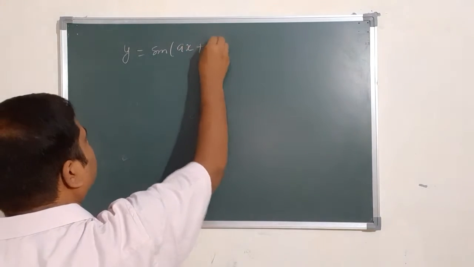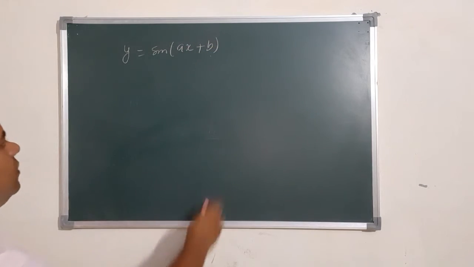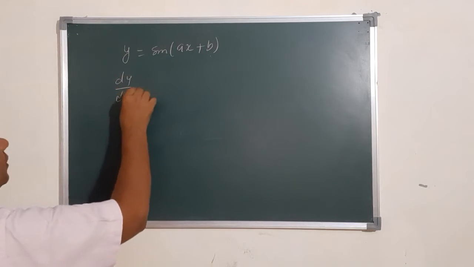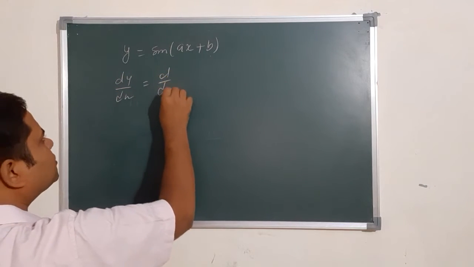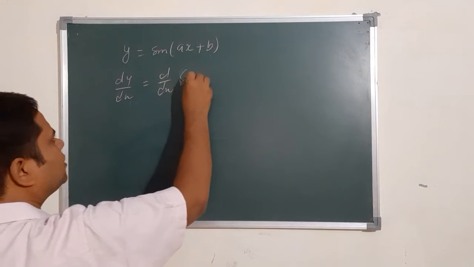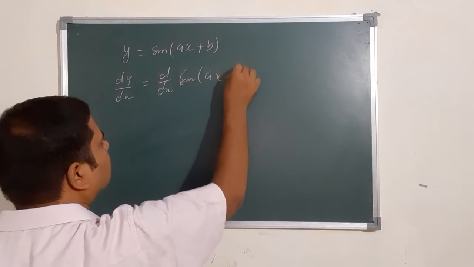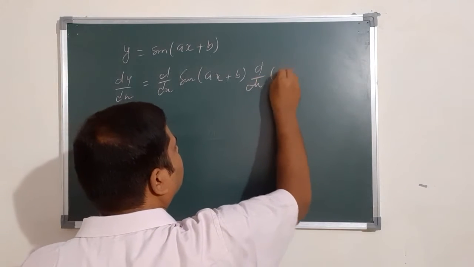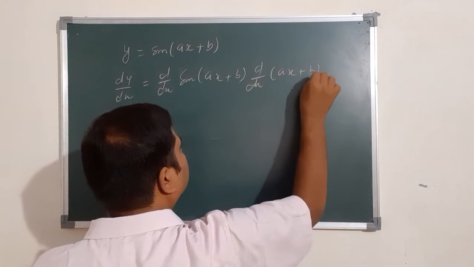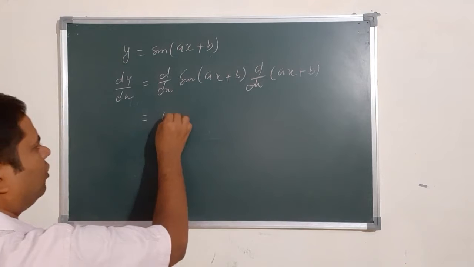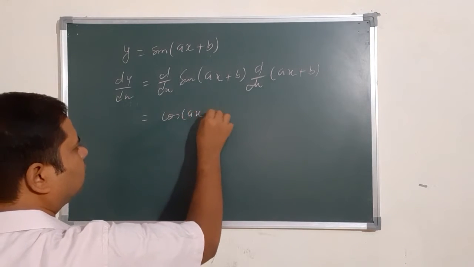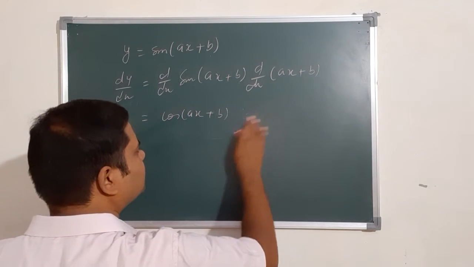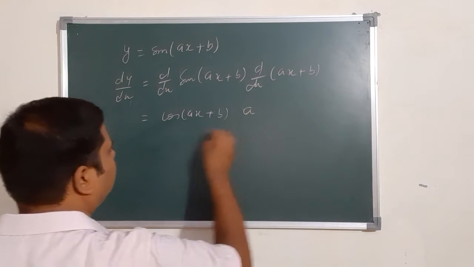Again, now we are going to write directly. So dy by dx is nothing but the derivative of sin of ax plus b, and again the derivative of ax plus b. So we write cos of ax plus b, and this is d by dx of ax, which means a, and b is 0.